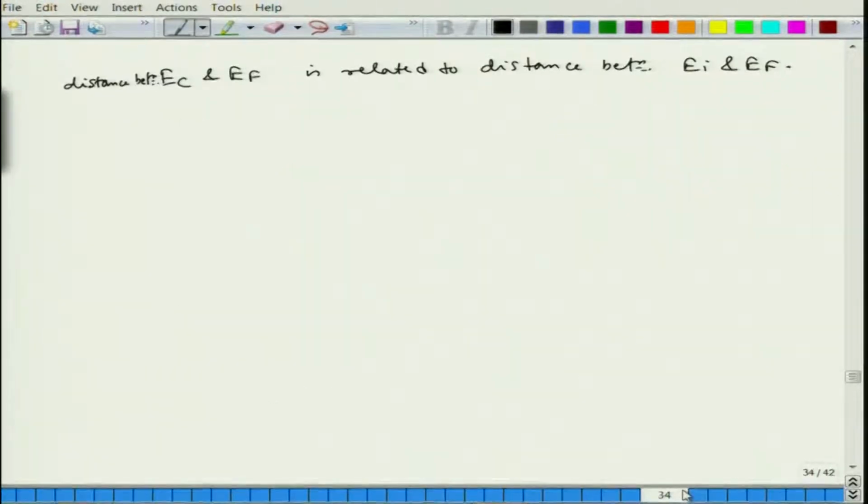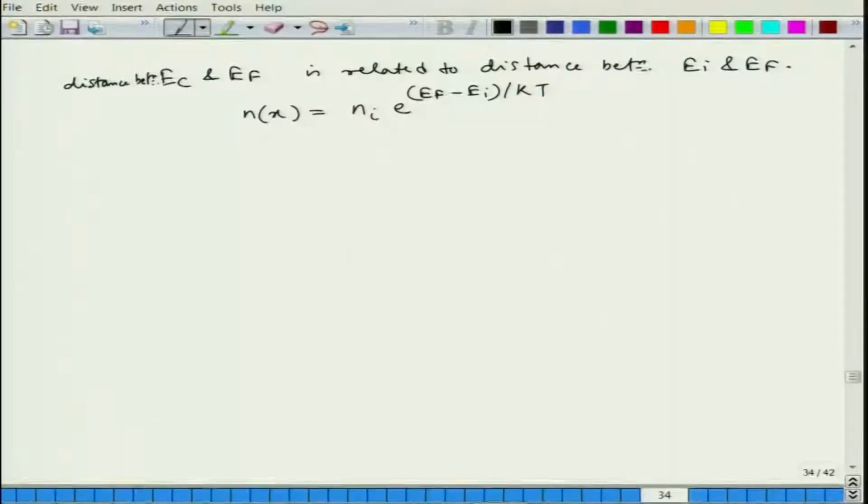So, what you can write, this n(x) will be ni multiplied by exponential of (EF minus EI) divided by kT. So, this is nothing new, we have just used the formula that we earlier derived in the last class, that the concentration of electron will depend on the distance between the intrinsic Fermi level and extrinsic Fermi level, and ni is the pre-exponential factor, which is the intrinsic concentration of electron.